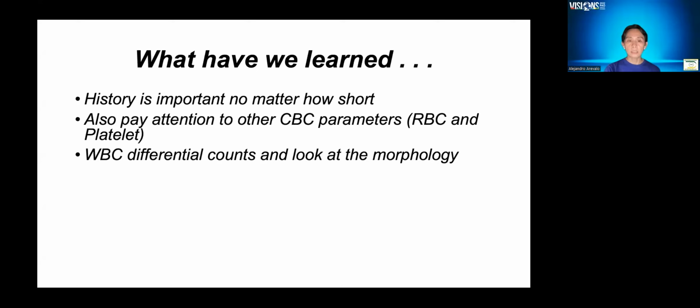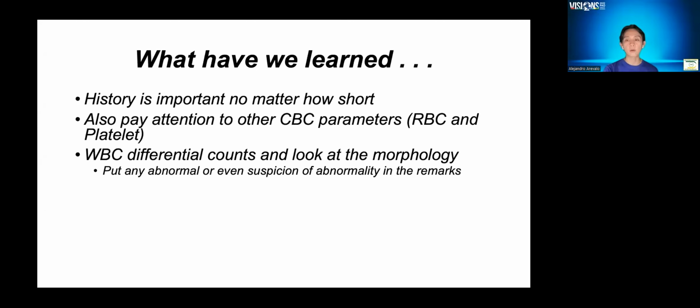Take a look at the differential counts, and of course, look at the morphology. And anything that you see in the morphology that you are not sure of, you can always put some remarks, some description under the remark category or section of the CBC report.